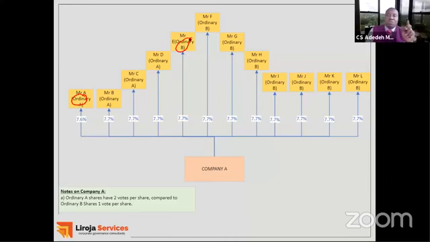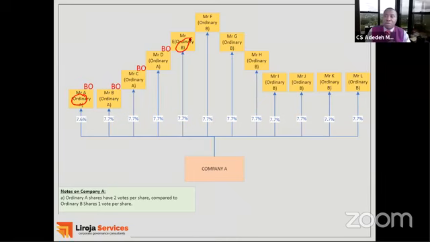So in terms of voting, even though percentage ownership is the same and it's below 10%, if we recalculate voting rights for those who are holding A shares, you realize that they have more than 10% voting rights. And on that basis, we identify Mr. A, Mr. B, Mr. C, and Mr. D as beneficial owners of the company.